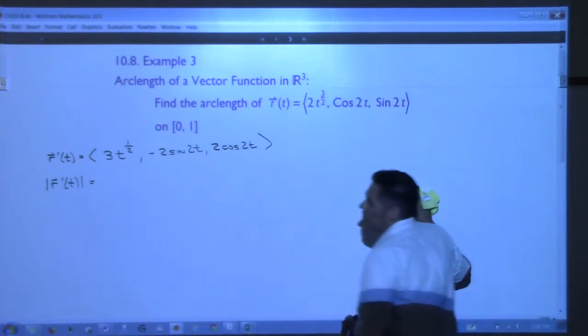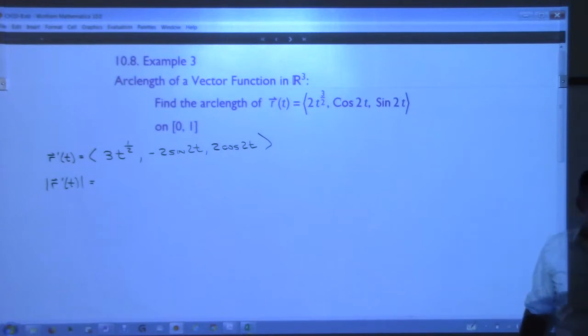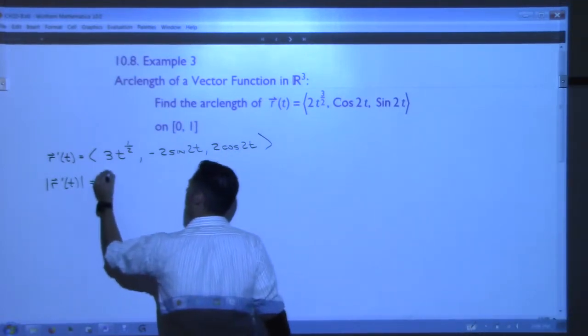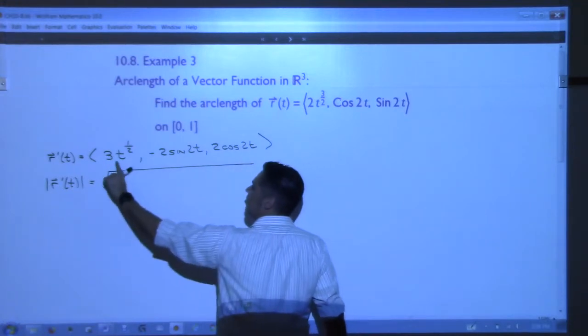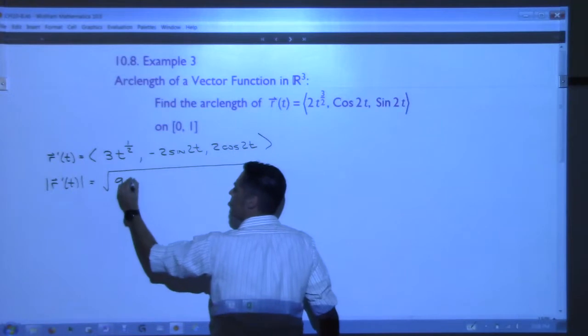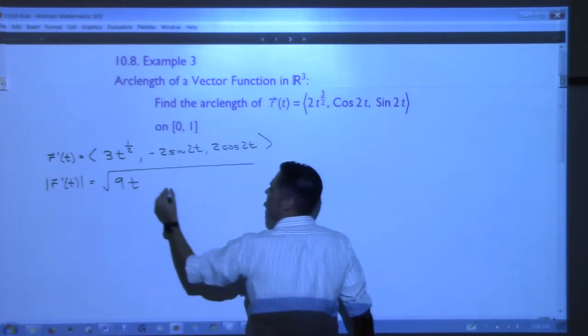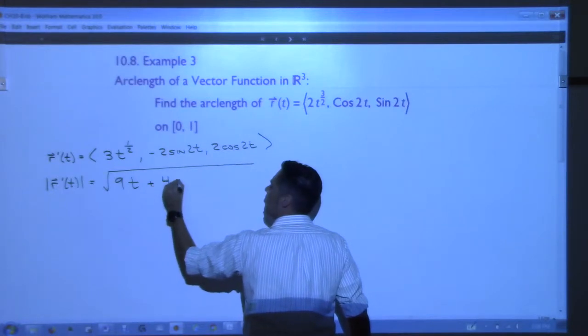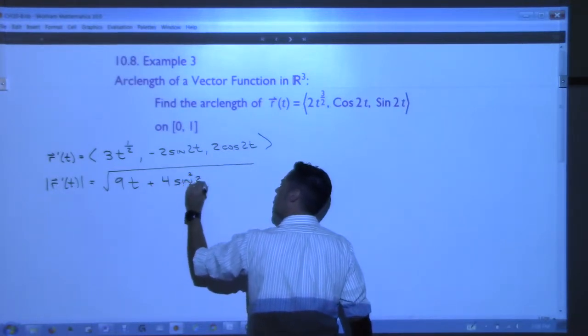Okay, that's your derivative. And now you need the magnitude of it, right? So the magnitude is the square root of, let's see, square this and you get 9t. Now be careful here. Squaring this, you get plus 4 sine squared 2t.